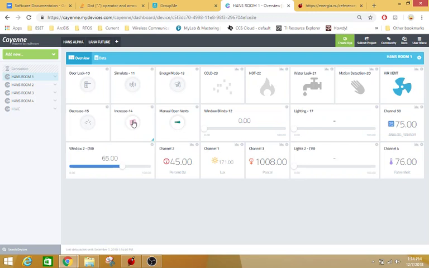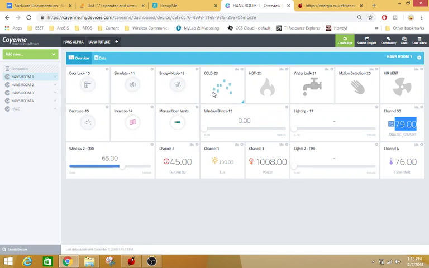Okay, so now let's increase this value until we get a difference of 2 degrees. So 78. Let's go one more. Okay, so 79.